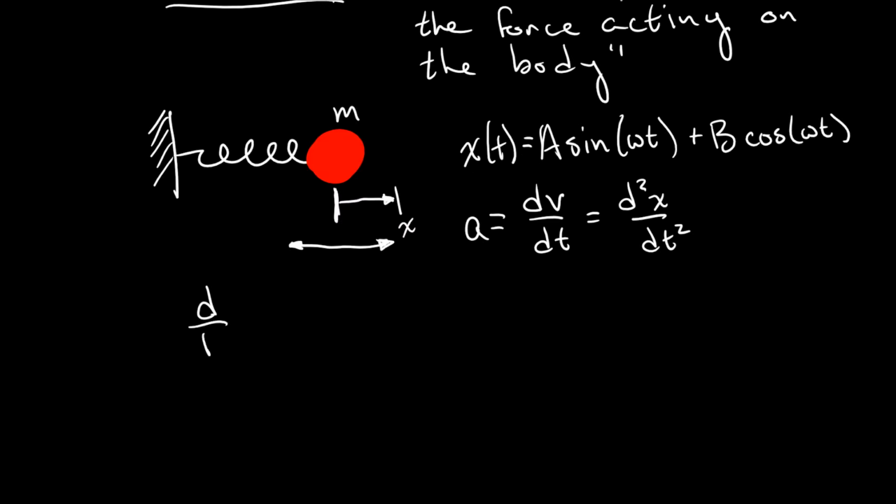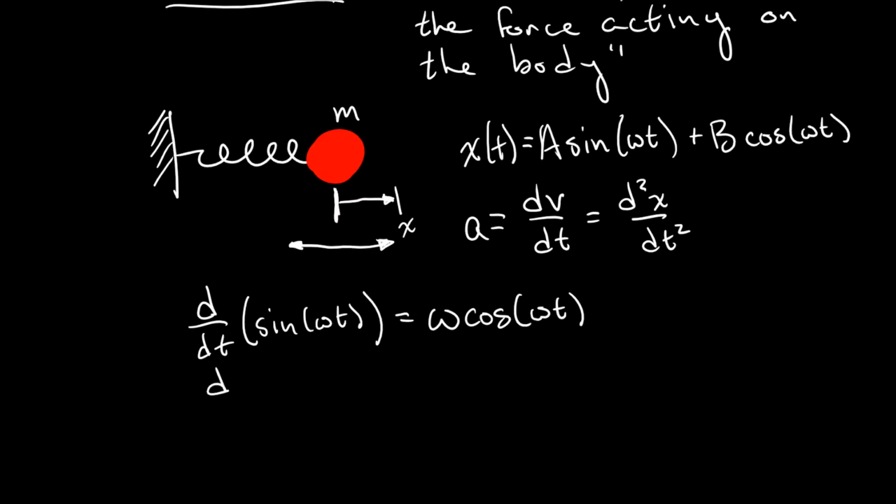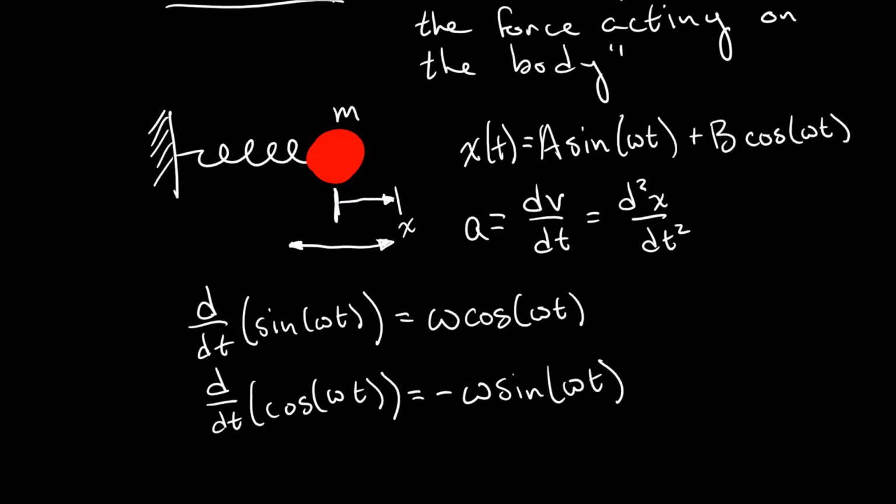Well, if I take the derivative of sine omega t, I get omega times cosine omega t, and if I do the same for cosine, I get minus omega sine omega t. And these you can just look up.